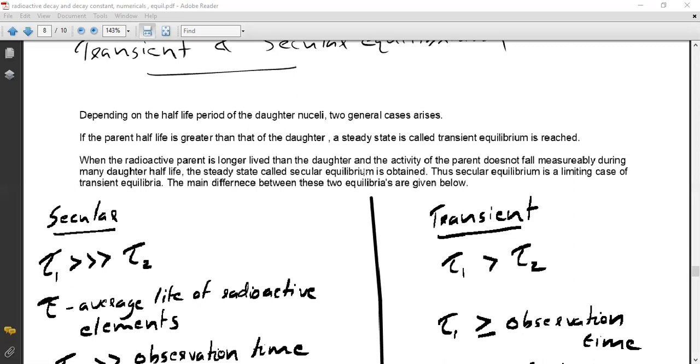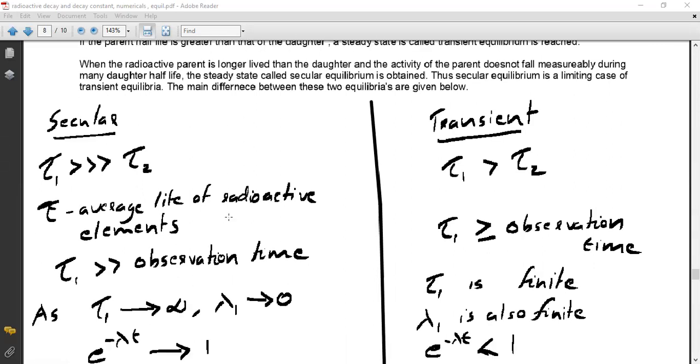The main difference between the two is that when the average life tau 1 is very much greater than tau 2, the condition is known as secular equilibrium, and for transient, tau 1 is greater than tau 2. Here tau 1 is the average life period of the element.